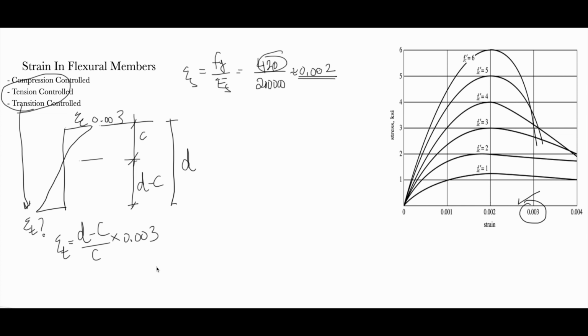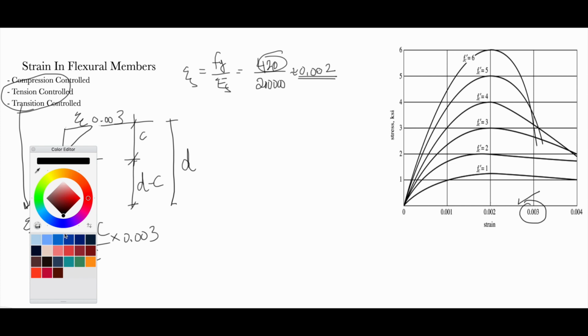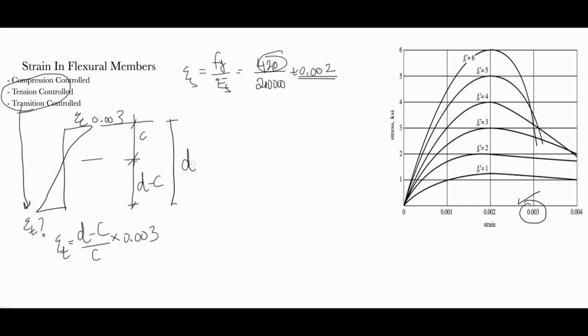So let's define what is tension controlled, compression controlled, and all of these before moving forward, in order to understand the calculation. The first one, I'll number it as 1, is compression control.